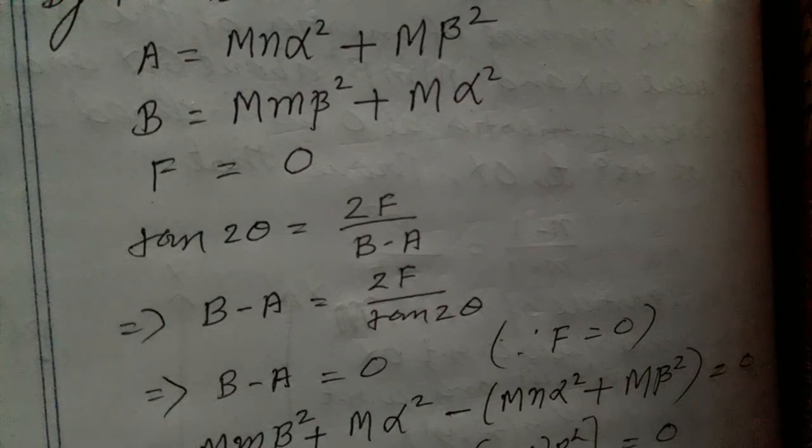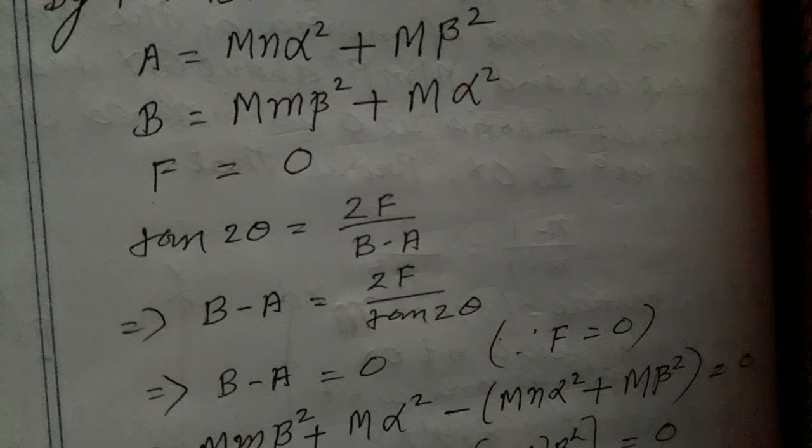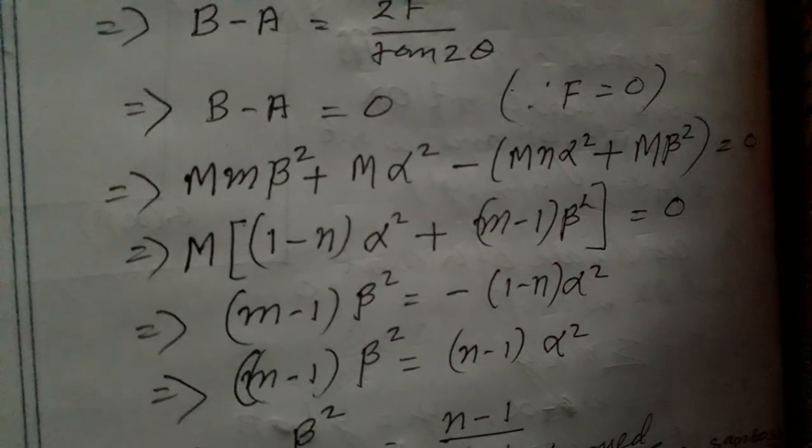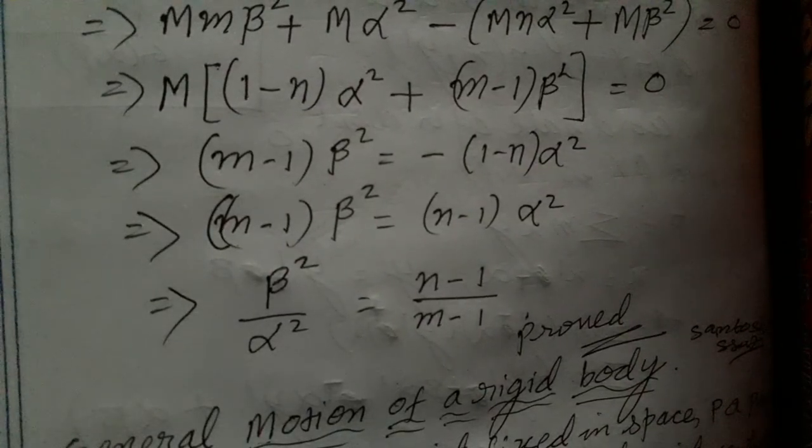So B minus A equals 2F over tan 2 theta, and F is 0 here, so B minus A equals 0. Putting in the values of B and A and simplifying, we get that beta squared by alpha squared is equal to (n minus 1) by (m minus 1). Thank you.